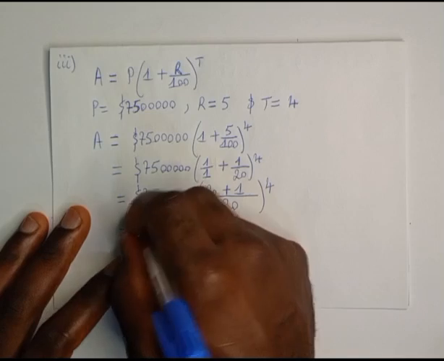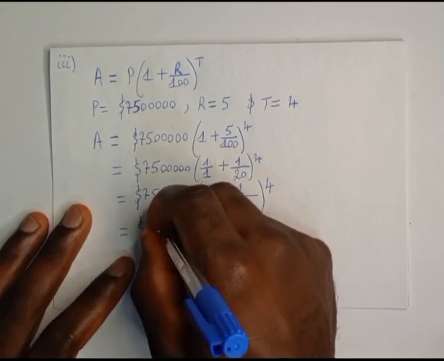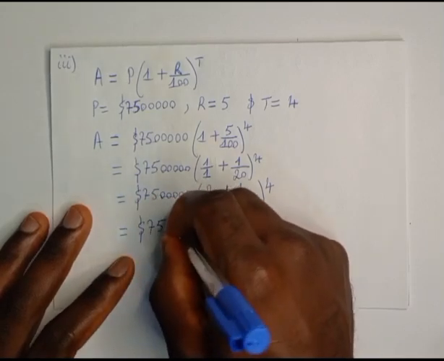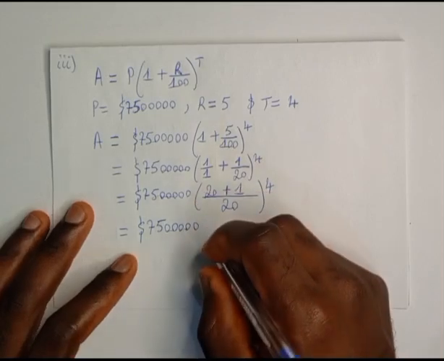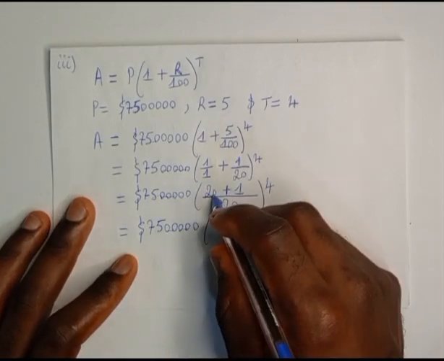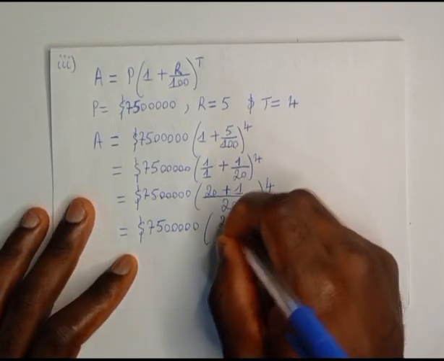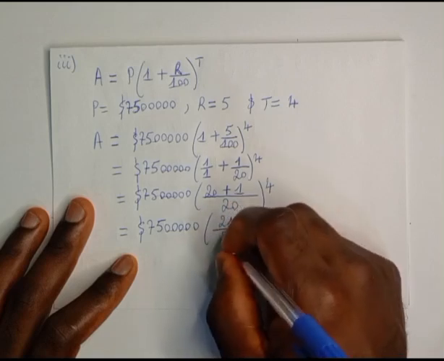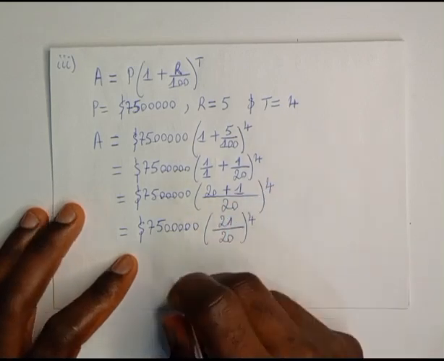This will be equal to $7,500,000 times 20 plus 1, which is 21 on 20, all this raised to the power 4.